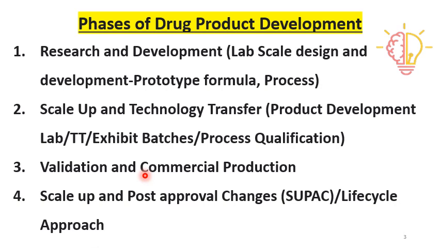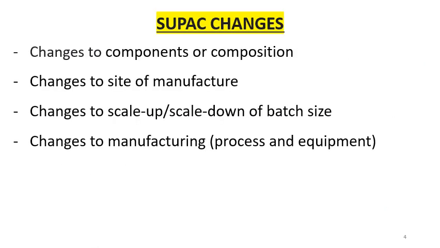the commercial production, whether the commercial production is going on or not, after the approval, if changes are done to the scale, that is scale up or scale down, and the other changes to the composition, manufacturing process, equipment, sites, those all come into the SUPAC changes, and this is also a part of the life cycle approach for the product.